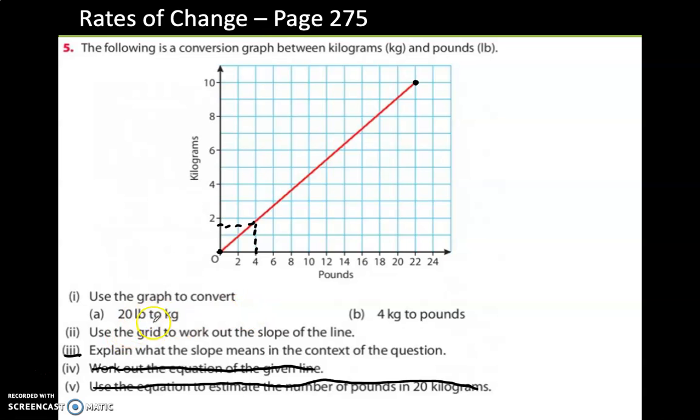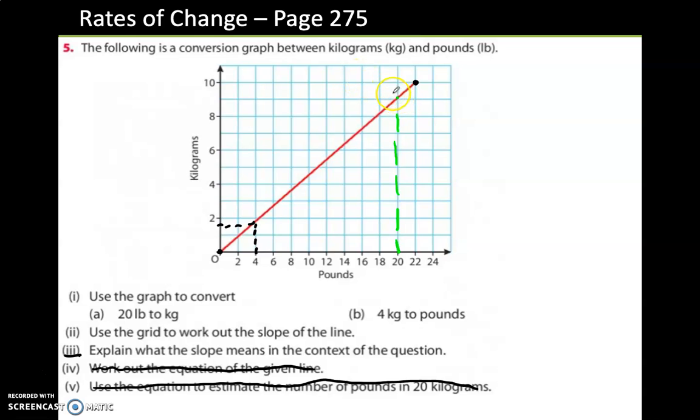So I'm going to start and do these. When you're converting, I know you don't have a copy or a sheet with you, but always try to draw estimation lines. We're going to convert 20 pounds to kilos. So I'm going to start at the 20 and draw a line up until it hits right here, and it's just above the blue line.